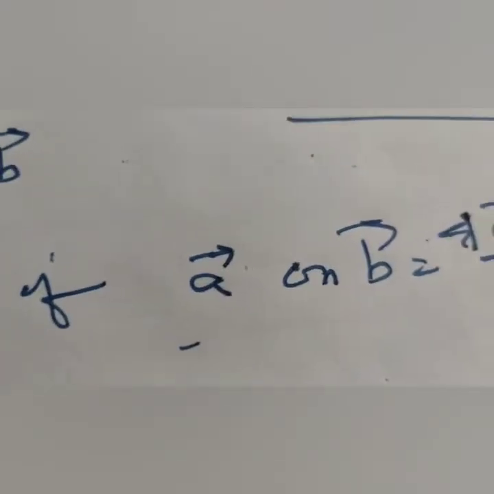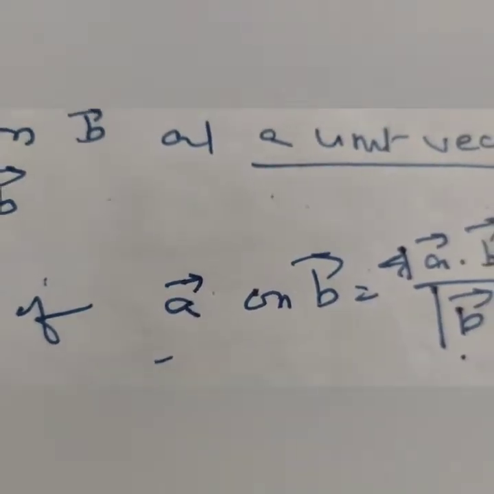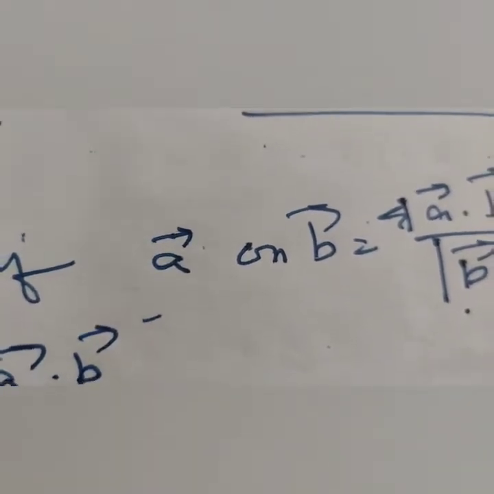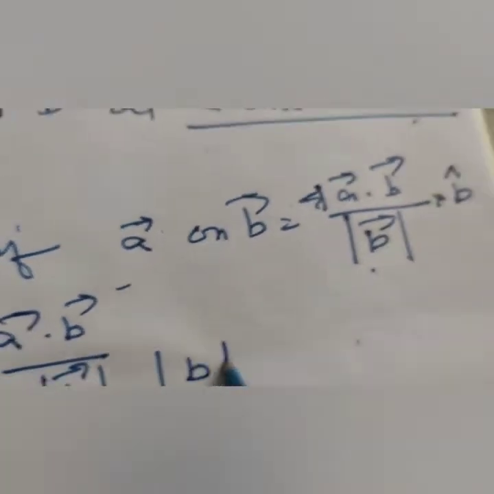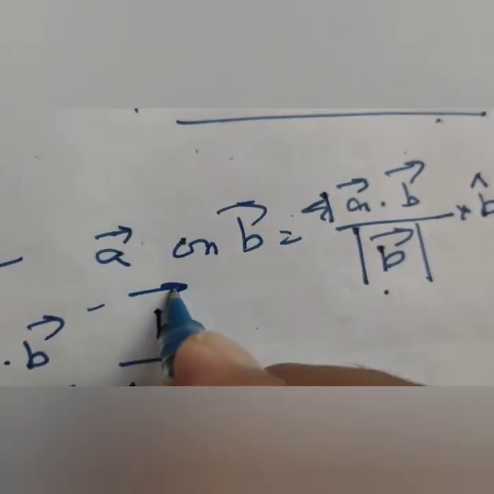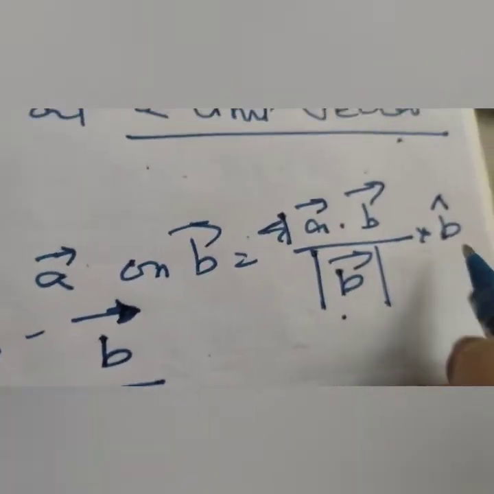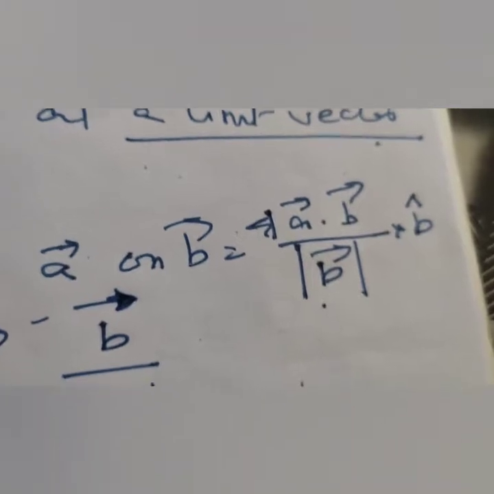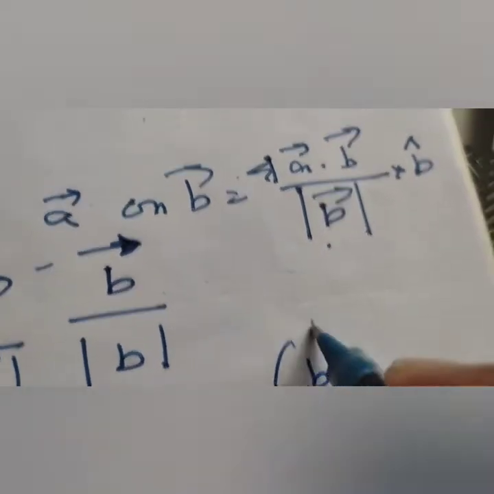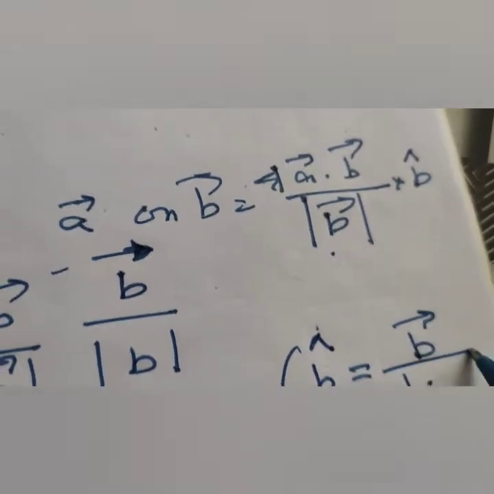And that equals, let us take A dot B by modulus of B, and another modulus of B here, so that we can write the unit vector as B by modulus B. The unit vector along a direction is equal to the vector divided by the modulus of the vector.